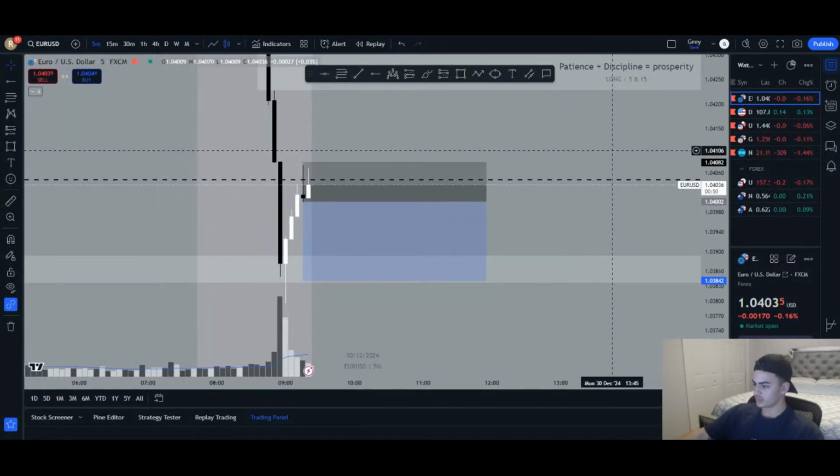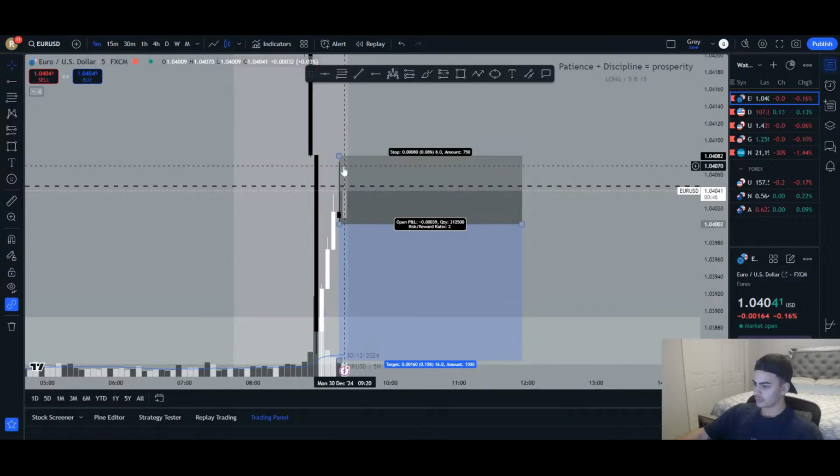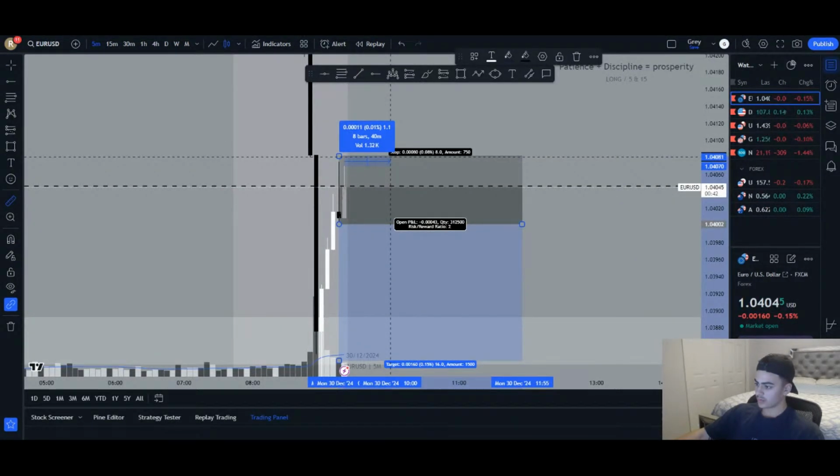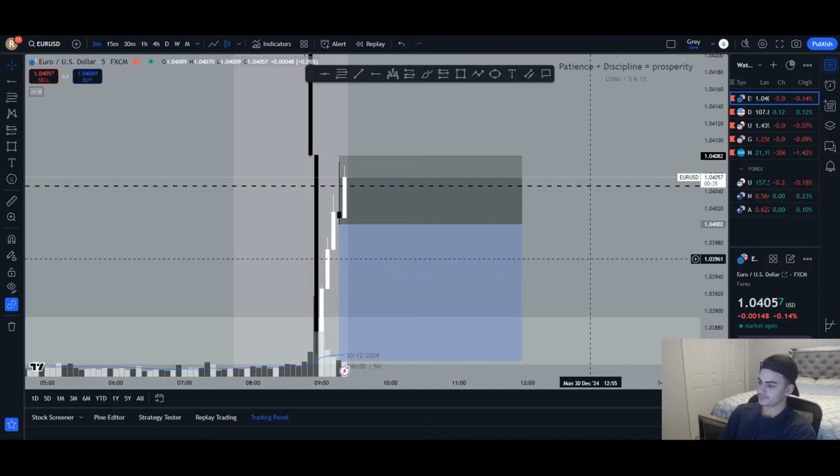Almost even touched my stop loss here. Almost. By how many? By 1 pip. Almost touched my stop loss by 1 pip. And back up, it looks like.